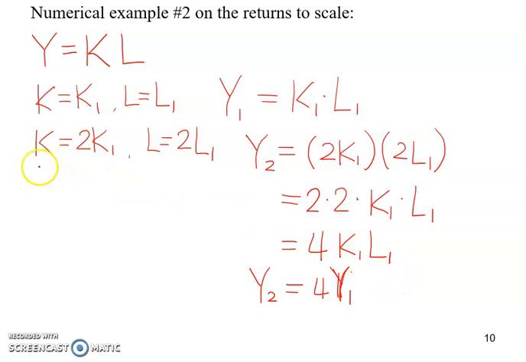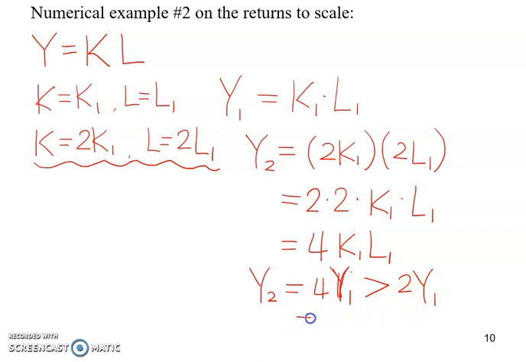Now here what we find is when we double the amount of capital and labor, we end up with 4 times more output. So in other words, the output is more than doubled. It's more than 2y1.